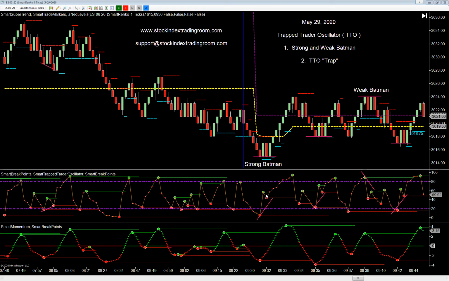But if we look down here, Trapped Trader Oscillator is saying, okay, in this green bar here, up order flow is much stronger than in this green bar, even though price is the same.